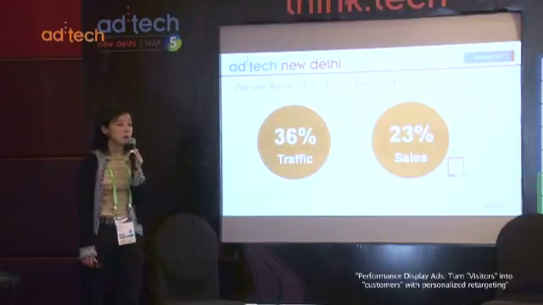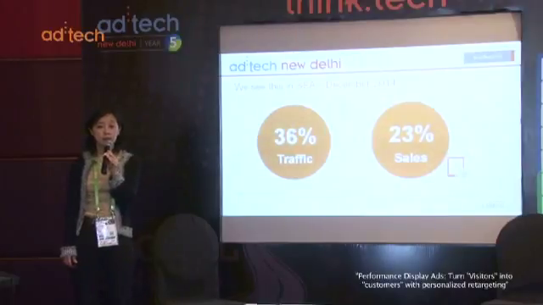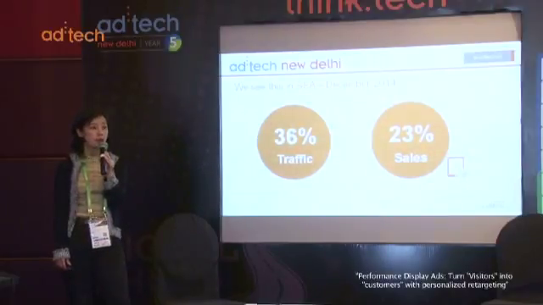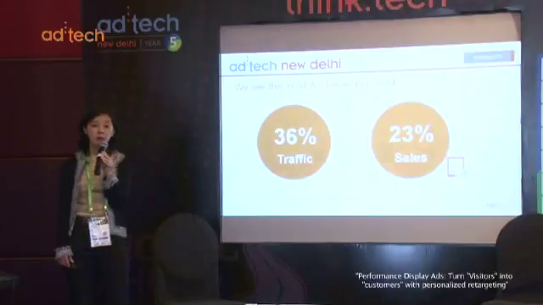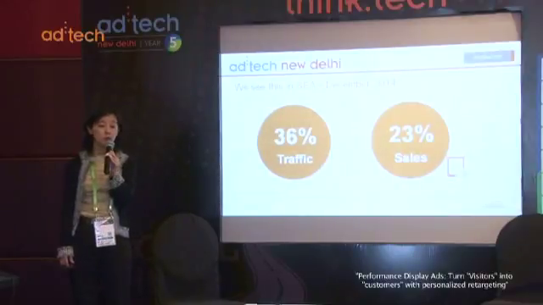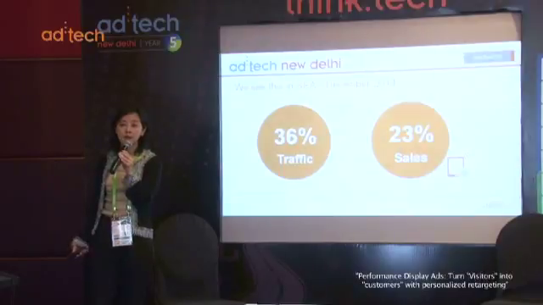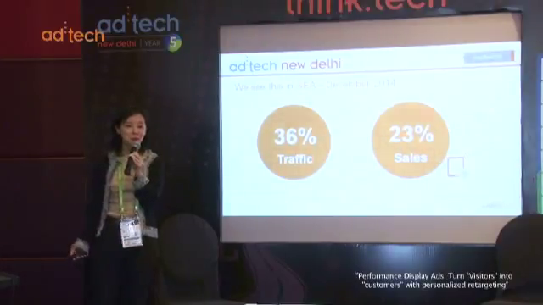In India, what we're seeing is, especially for the top e-commerce players, the bigger the clients, the more they're investing in mobile early on. So it's not unusual to see more than 50% of the traffic coming from mobile. Conversion still lags, but as users, we're spending a lot of time on mobile.